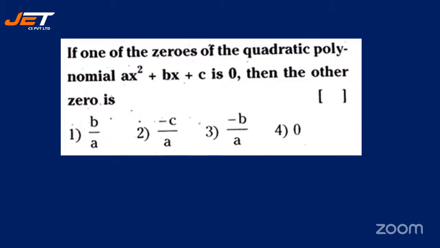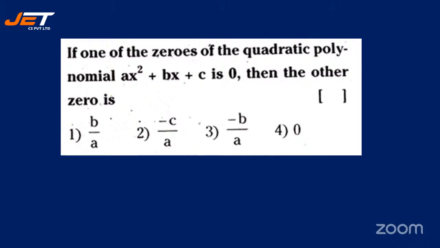If one of the zeros of the quadratic polynomial ax square plus bx plus c is 0, then the other 0 is dash.